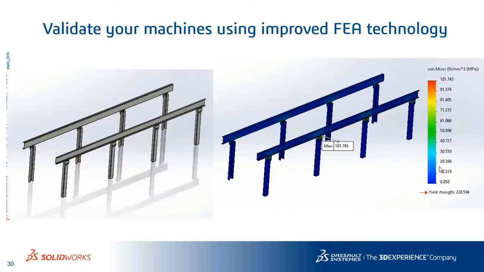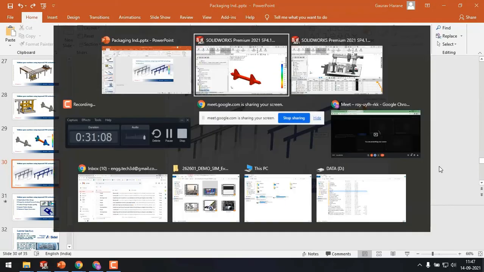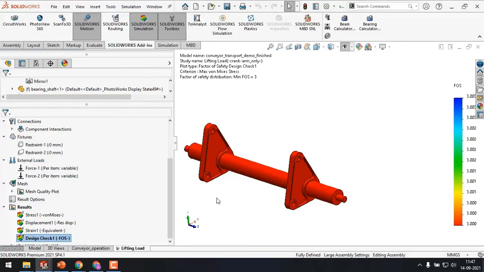Now moving ahead, if I want to check the strength of my structure on which all the conveyors are assembled, that can also be done. So let me just open the model again.